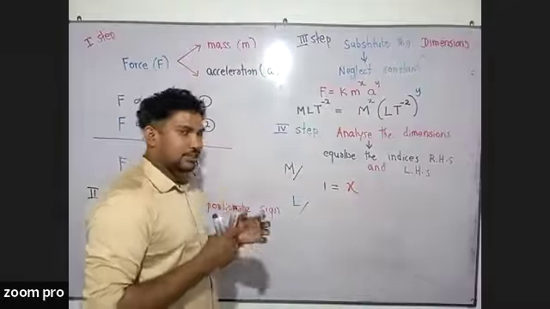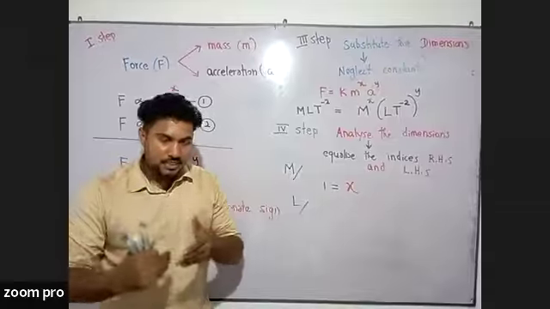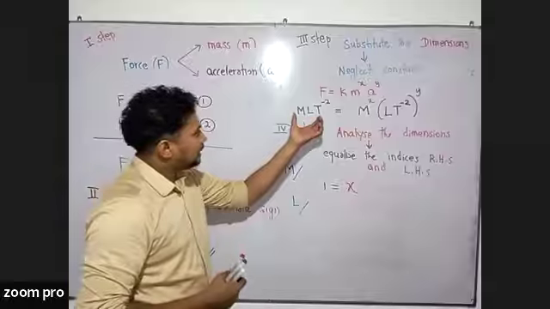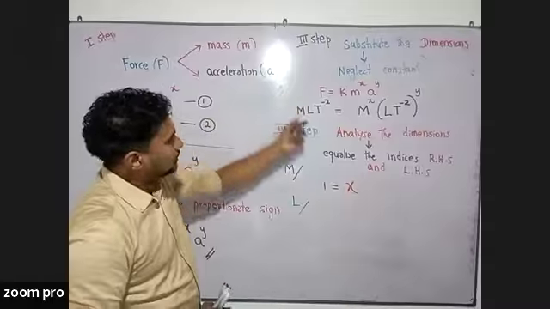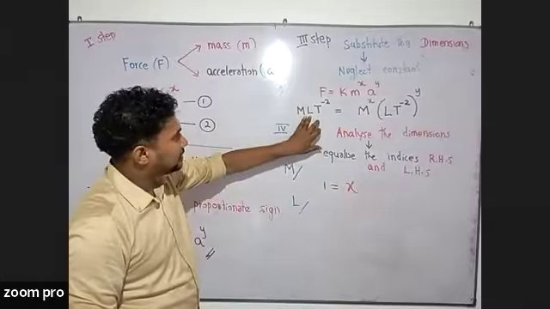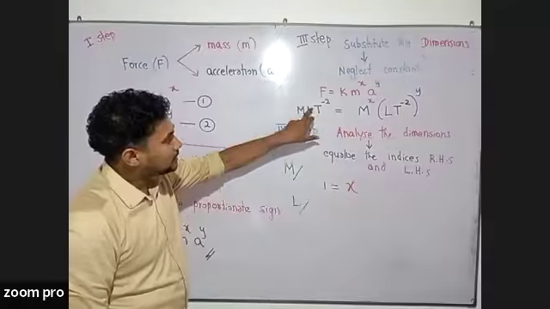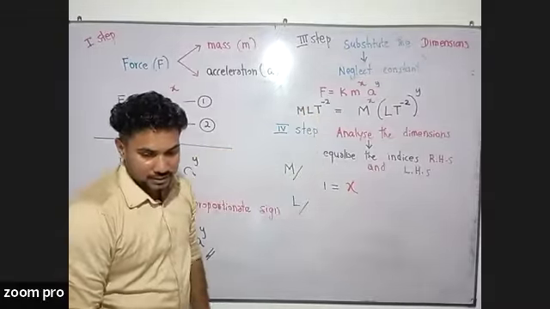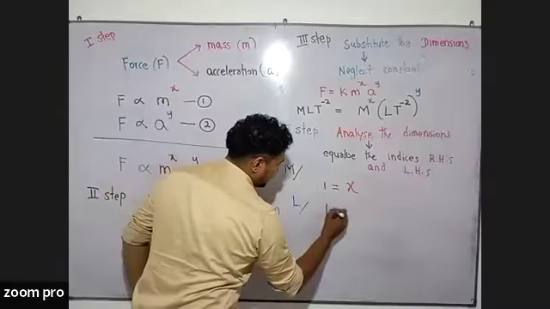Now we have to equalize the power in the left side to the power in the right hand side. In this expression, we can find L at this point. What is the power of this L? It is obviously 1, isn't it?